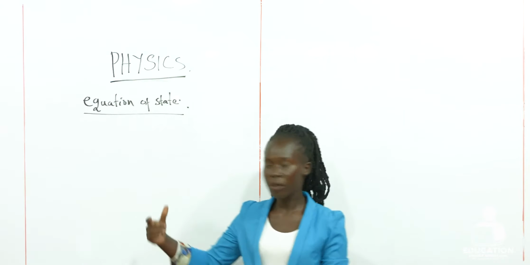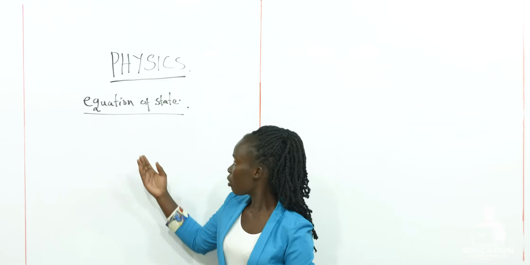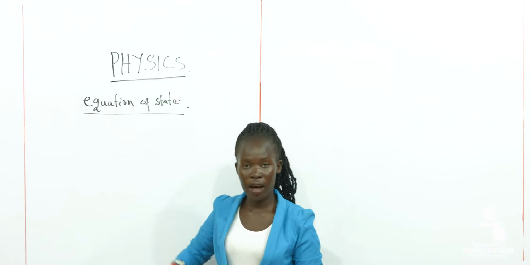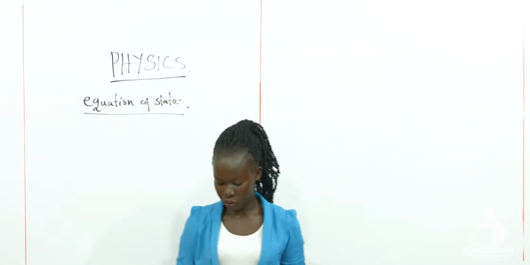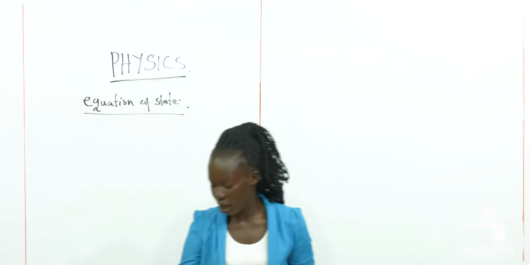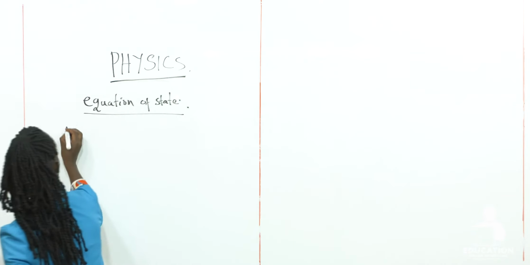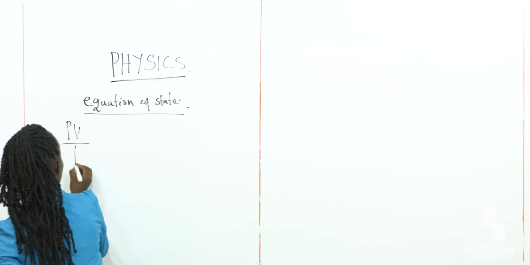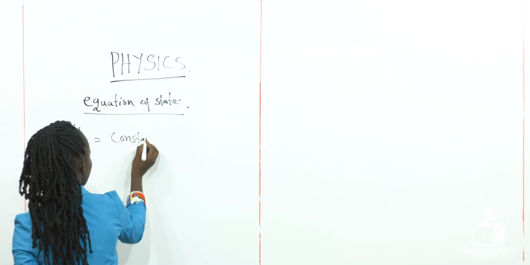When we talk about this equation of state, we are talking about the expression of the relationship between the mass, the temperature, the pressure, and the volume of a gas. So what is this formula? The product of the pressure and the volume over the temperature will give us a constant.